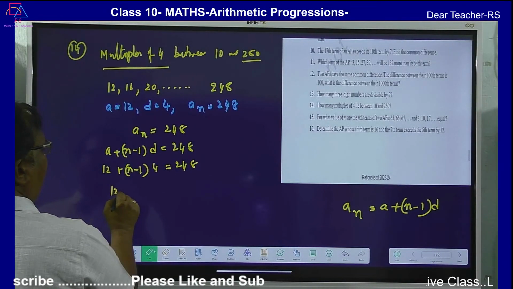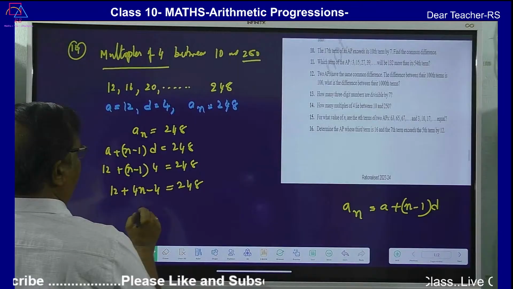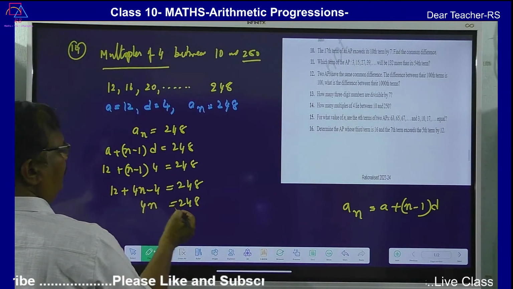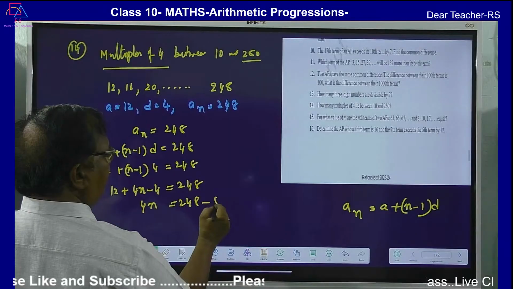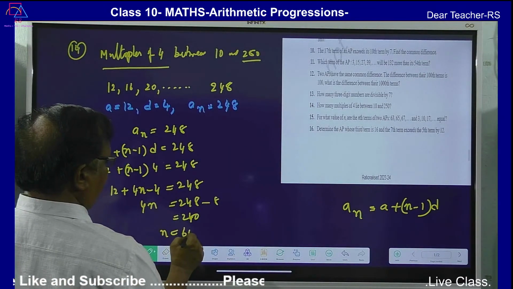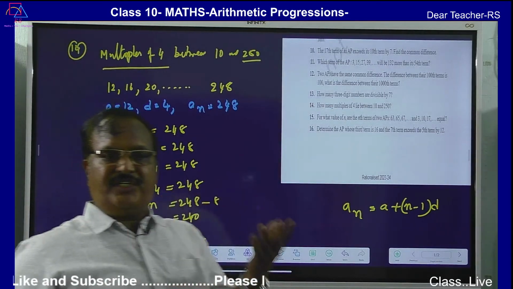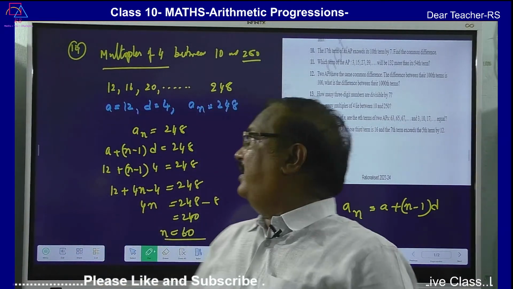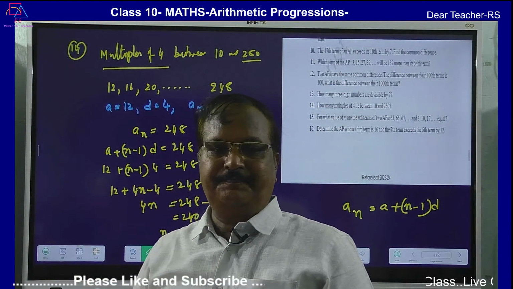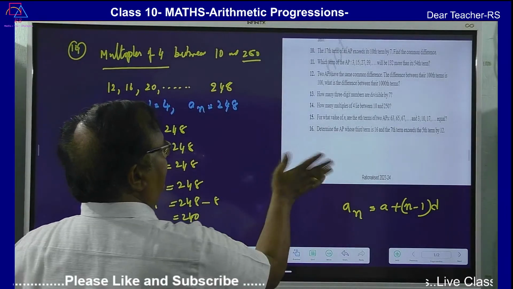So, 12 plus 4n minus 4 is equal to 248. So, 4n is equal to 248 minus 12 minus 4, that is 8. 8 goes that side, minus 8, 240. So, n is equal to 60. Therefore, there are 60 multiples between 10 and 250. Okay. So, this is how you have to tackle this question.